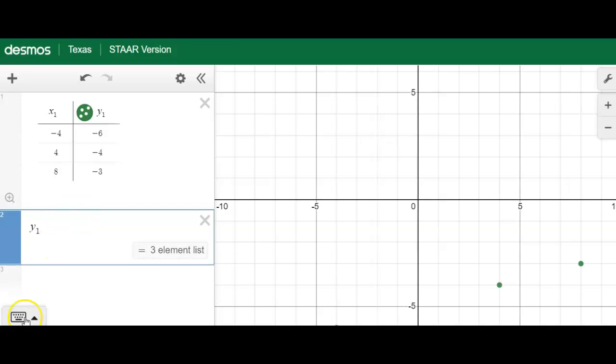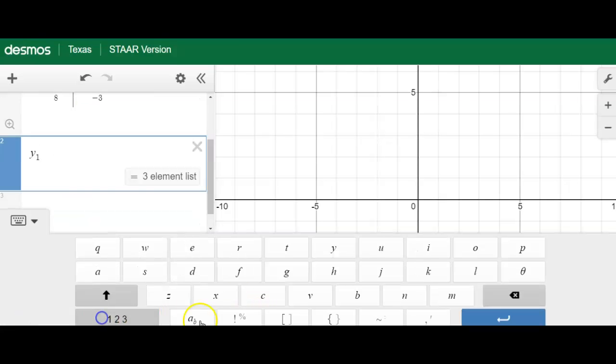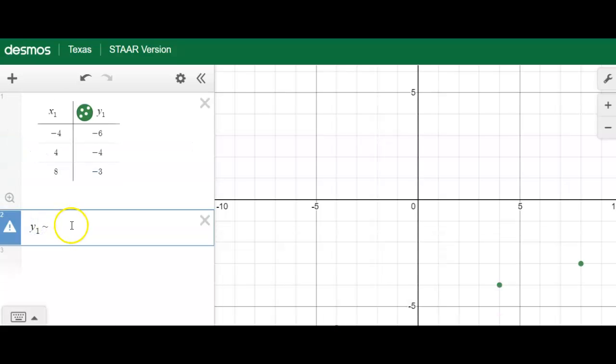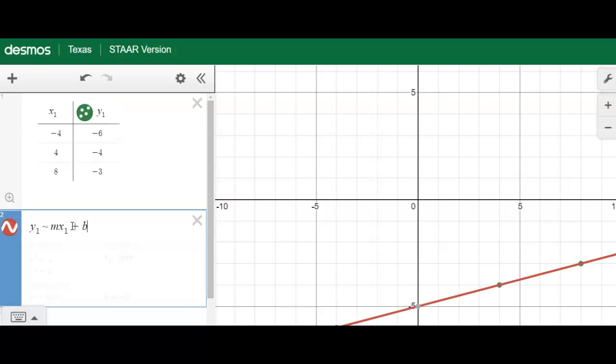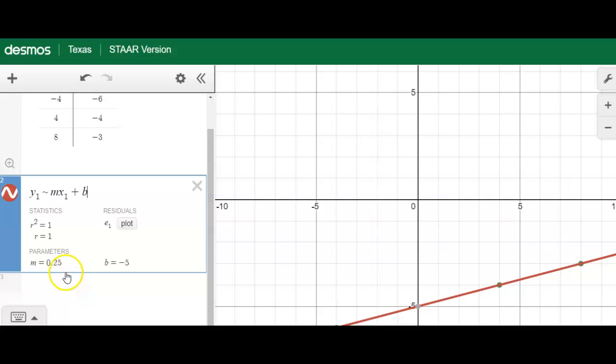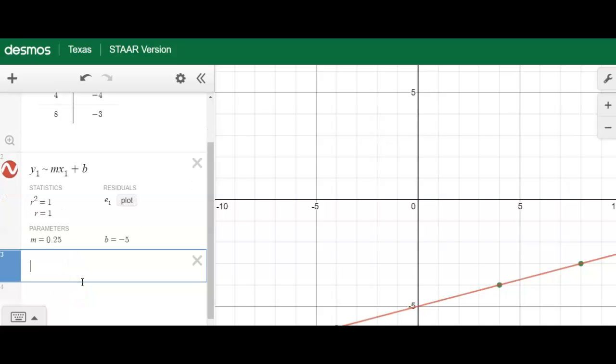Y1, keyboard, ABC, approximately, mx1 plus b. Right here, since r is equal to 1, it is an exact match. What's our slope? 0.25 x minus 5.